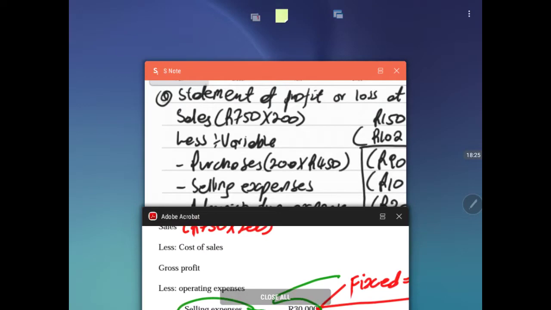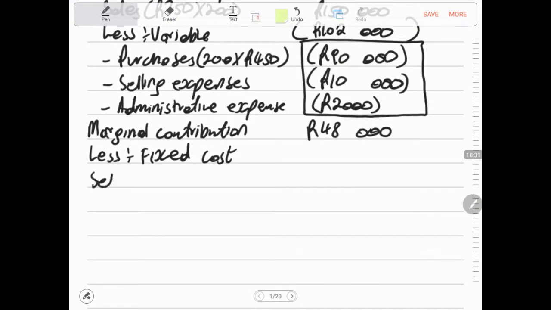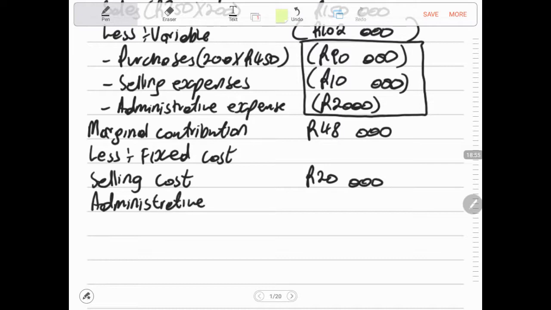So now this is where our focus is. Therefore now we have selling costs that are fixed, and the selling costs that are fixed amounted to 20,000 rands, and administrative fixed expenses amounted to 8,000.